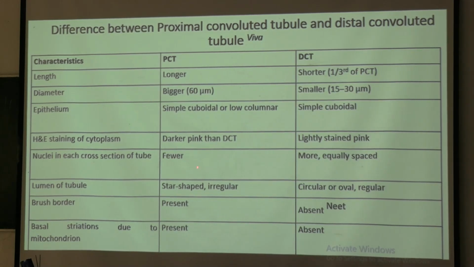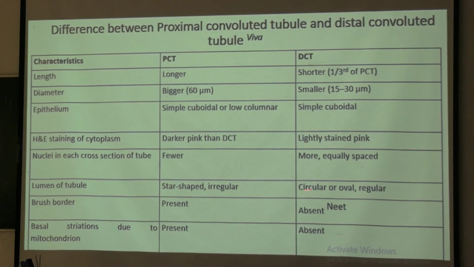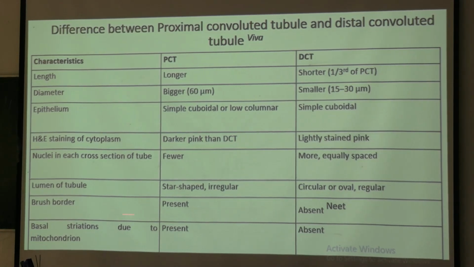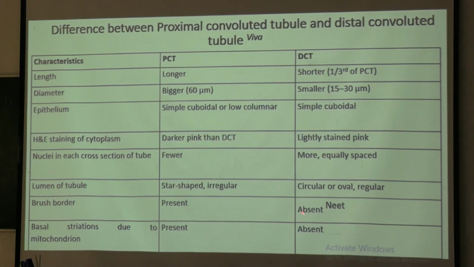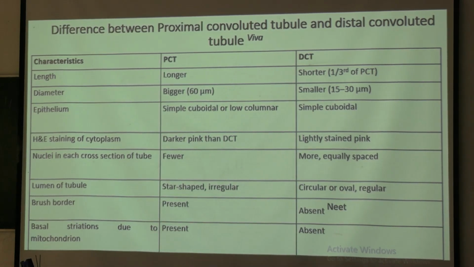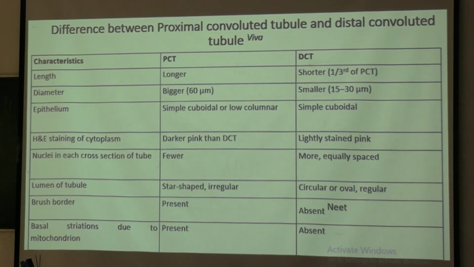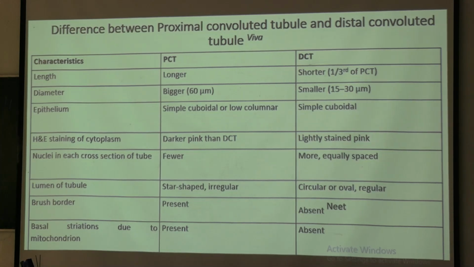Nuclei in each cross section are fewer in PCT, more and equally spaced in DCT. Lumen of tubule is star-shaped and irregular in PCT. Here the lumen is circular or oval and regular. Brush border is present in PCT, absent in DCT. Basal striation due to mitochondria is present in PCT, absent in DCT. Okay, so this difference is sometimes asked in your viva or can be given as a short question in theory.